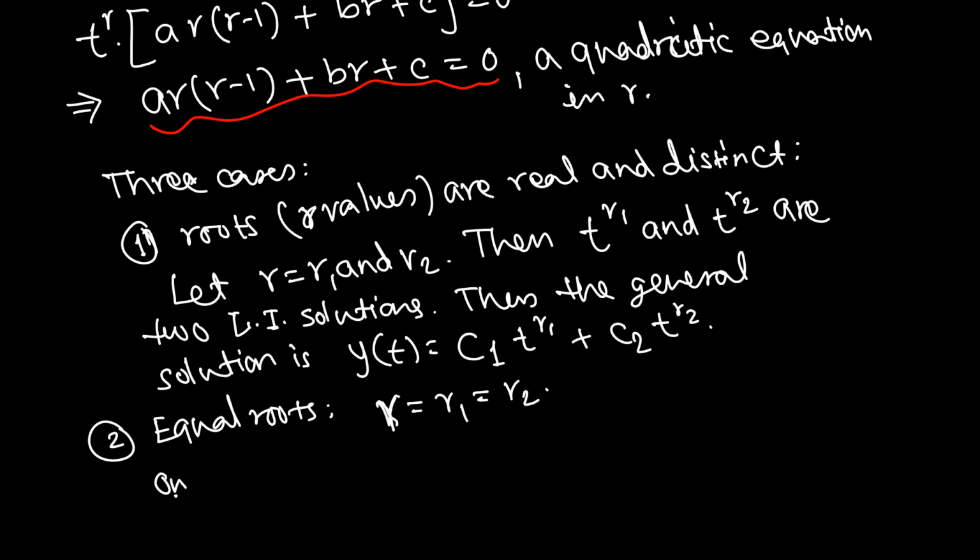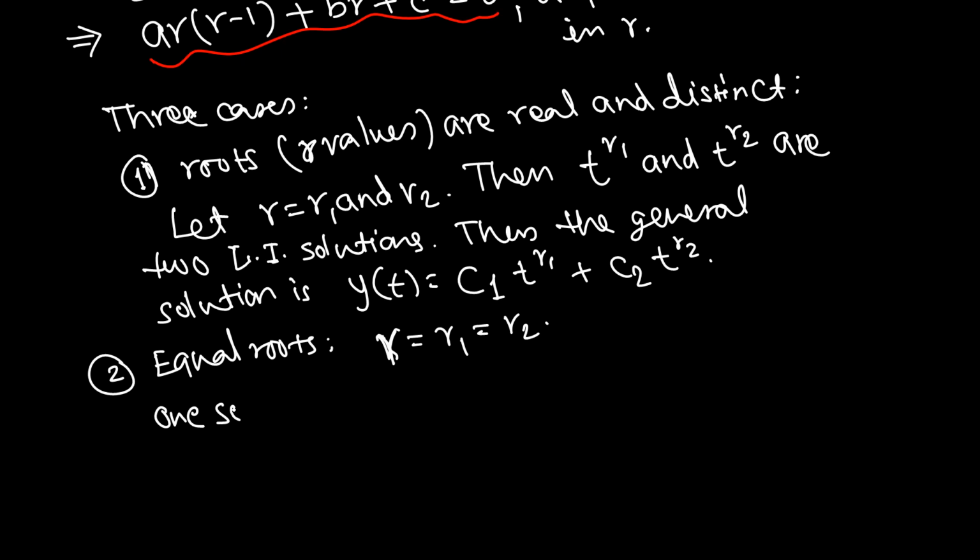Then one solution is easy, just as we said, y equals t raised to r. So y1 is just t raised to r1, but that's also r. Now the second solution would be t raised to r again, but they are linearly dependent because they will be the same, so that's not good.